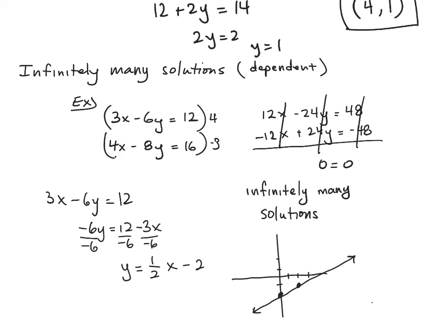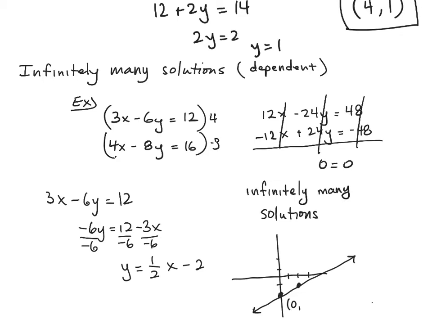So one of the questions that sometimes comes up is, well, if there are infinitely many solutions, then what's one of the solutions? Or tell me a few of them. What's an x and y combination that would satisfy each of these equations? Now you can see that it has to be points on this line right here. And so you can see, for example, the point (0, -2) is one of our points.